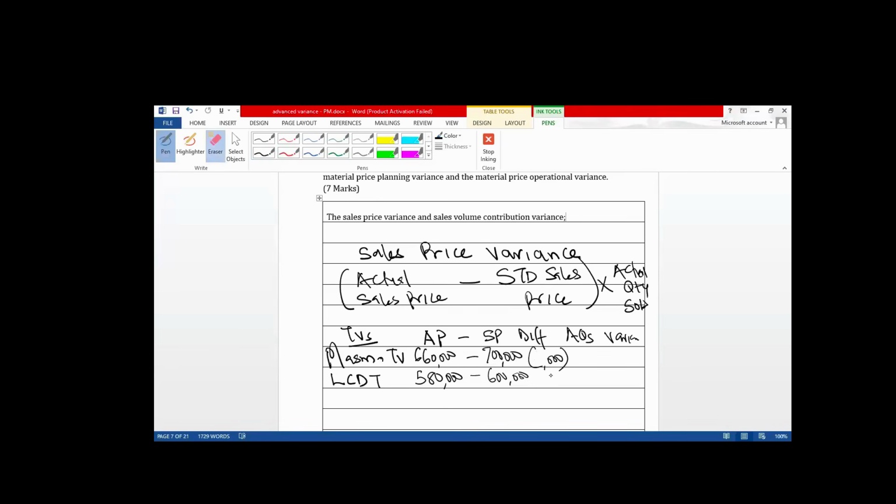This is negative 40, this is negative 20. Actual quantity sold for plasma 750, for LCD 650. Please get your variance.